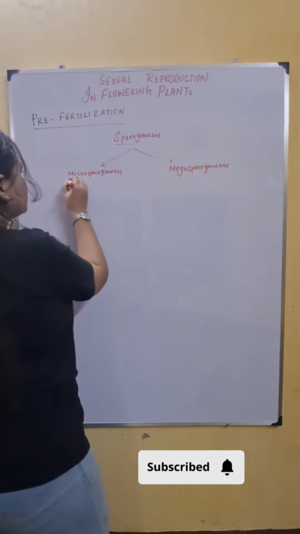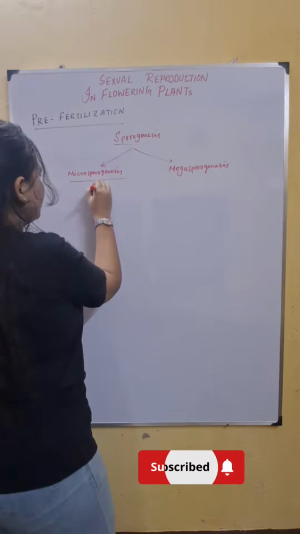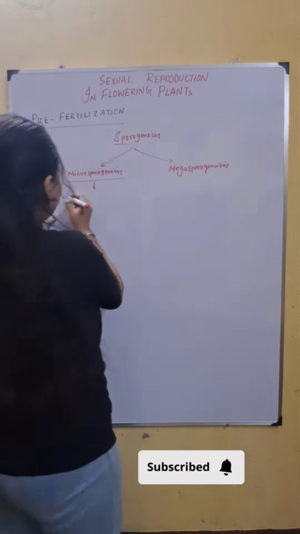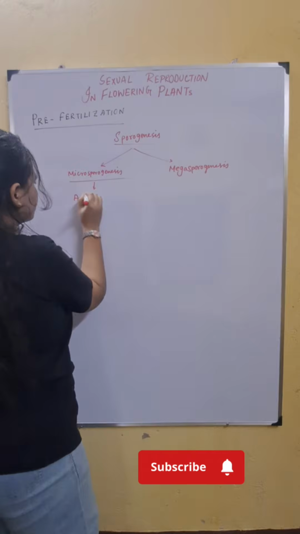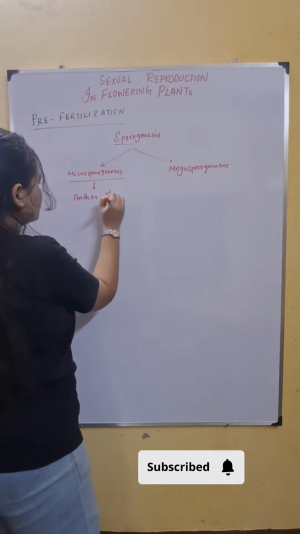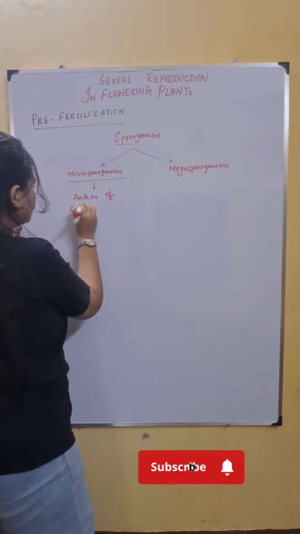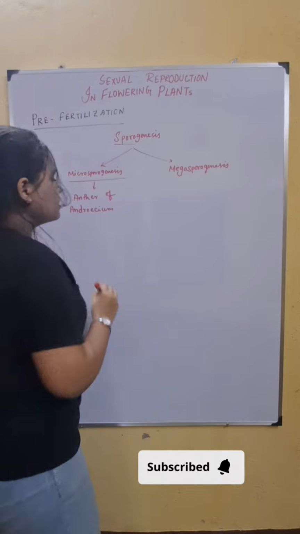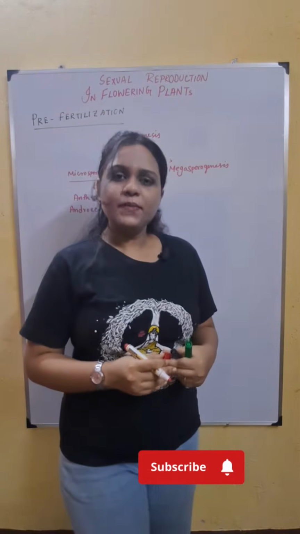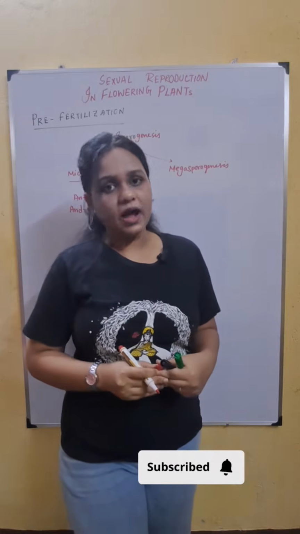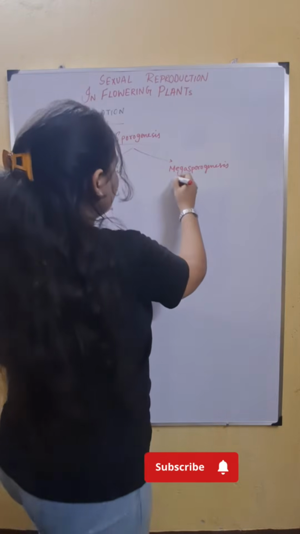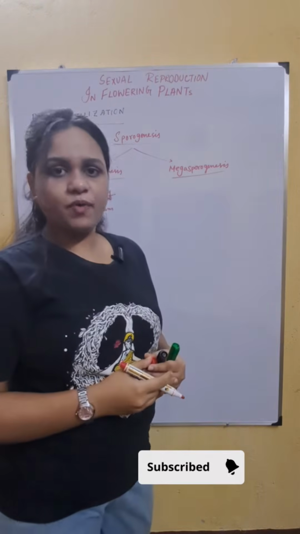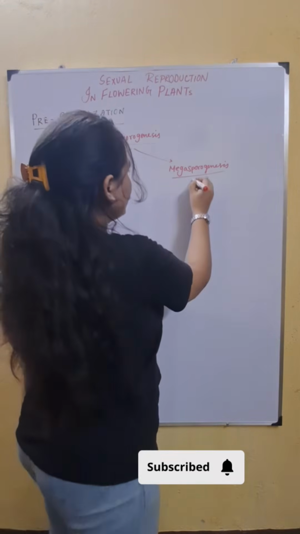Microsporogenesis occurs in the anther of the androecium. The androecium is the male reproductive part of plants. Next, the gynoecium is the female reproductive part of the plants.